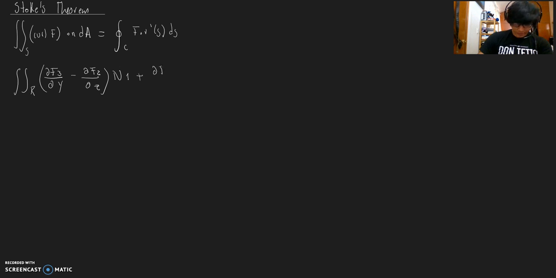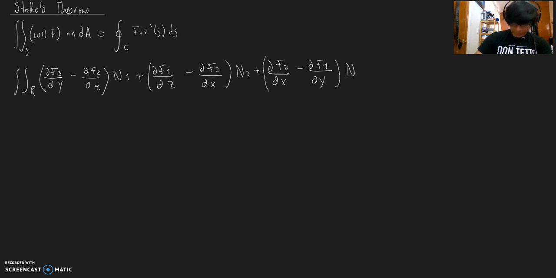So we will have n1 plus f1 over z minus f3 over x times n2 plus f2 over x minus f1 over y, and n3, and all these multiply the derivative of u and the derivative of v.